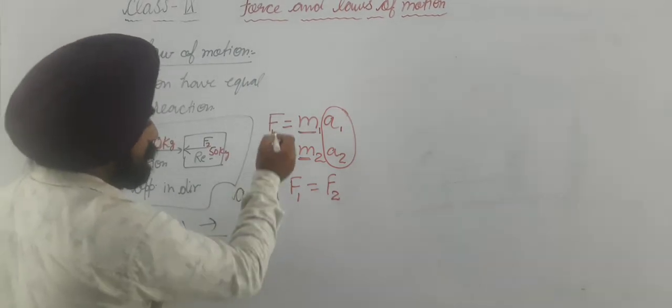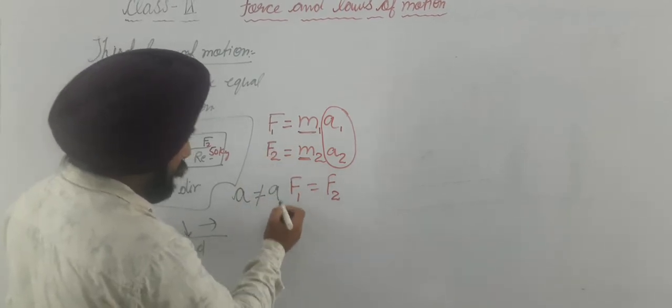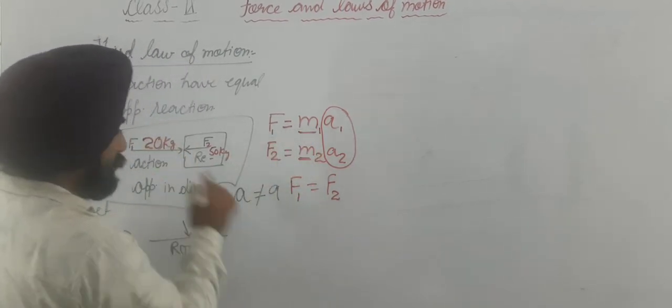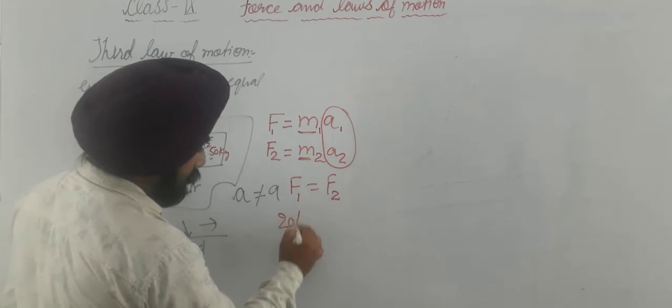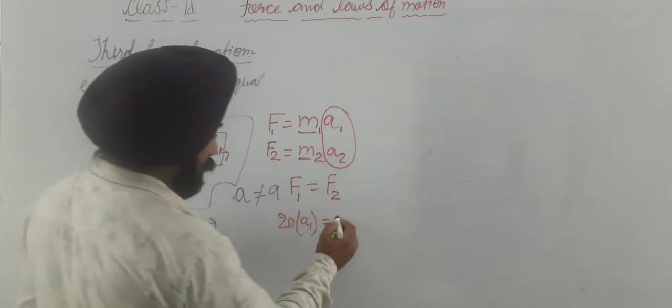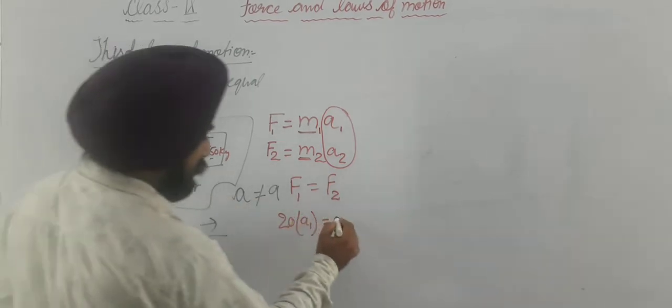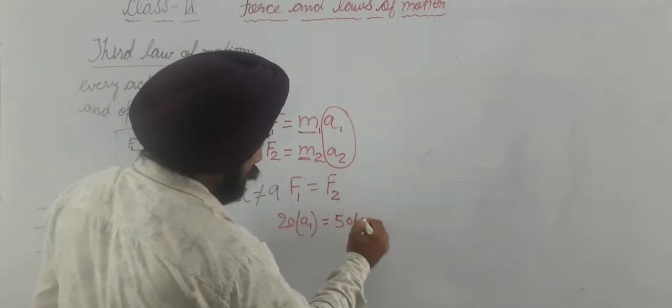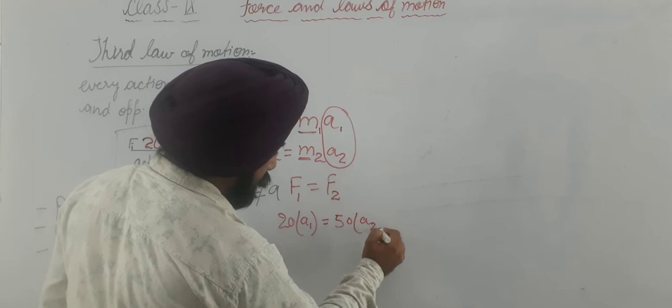How? F1 equals F2. After putting in the values, m1 is 20 into a1 equals 50 into a2.